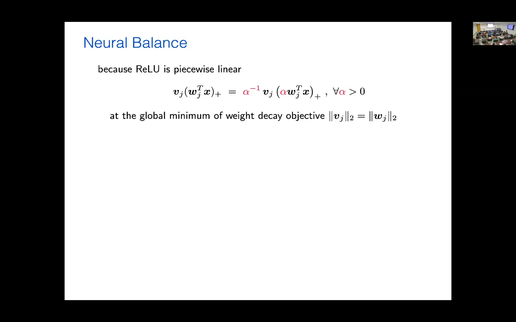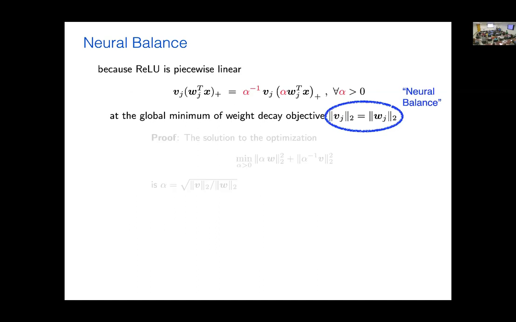This is the same function, it's invariant to this moving scale between the input and output weights. And because of that, at a global minimum of this objective we were just looking at a moment ago, the norms of the input and output weights have to be equalized. And so this is what we call neural balance, just to give it a nice name.